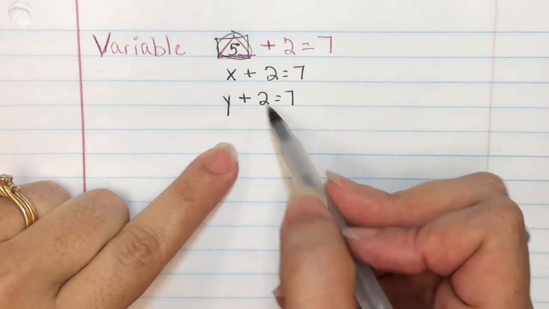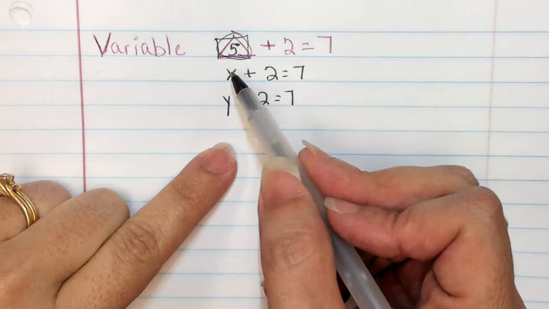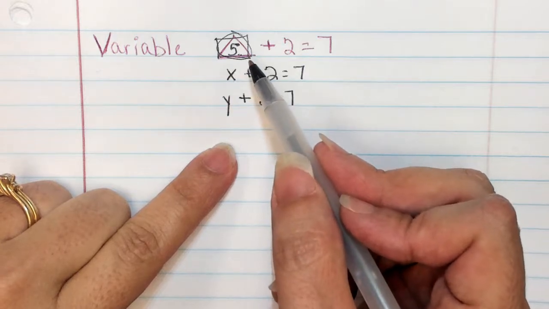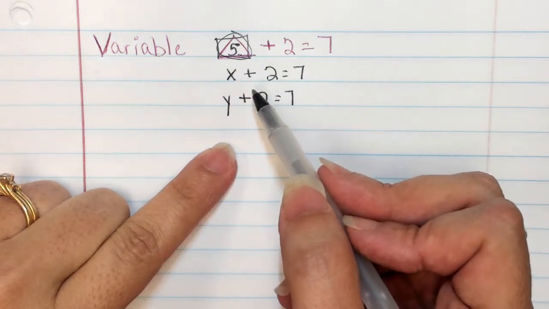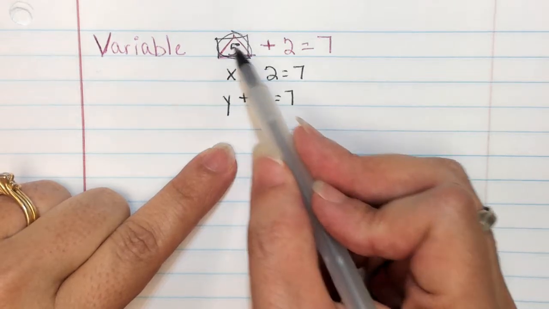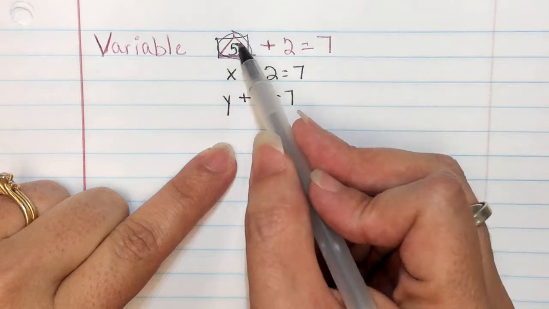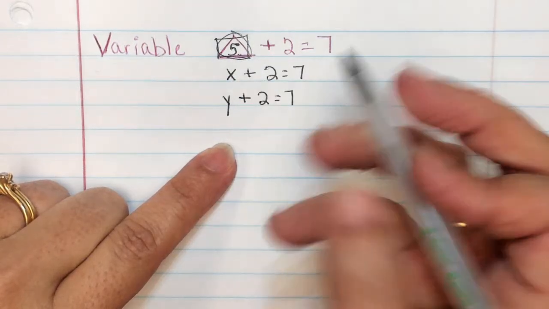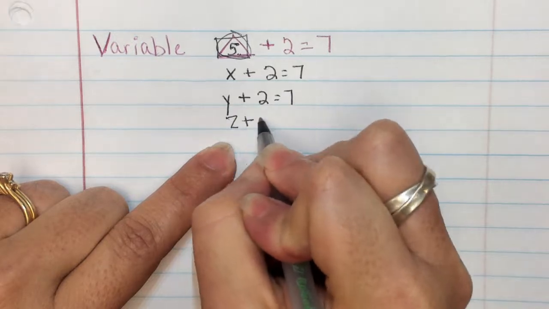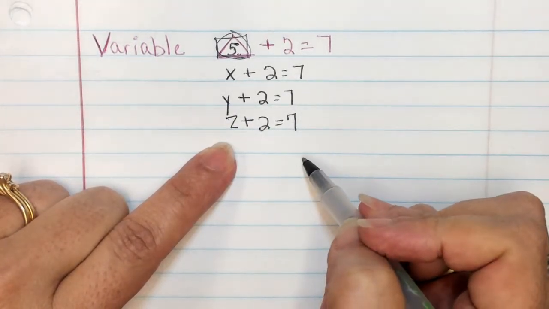The weird part is any letter can stand for any number, including fractions, decimals, negative numbers, all that good stuff. But any number can also stand for any letter. So X isn't always 5, or Y isn't always 5. Next time it might be Z. It just matters what letter they're using.